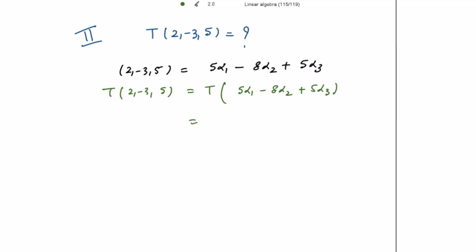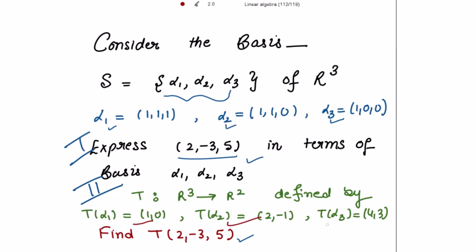Because T is a transformation, we can further write this as 5 into T alpha 1, minus 8 into T alpha 2, plus 5 into T alpha 3. And the values of T alpha 1, T alpha 2, T alpha 3 are given to us.